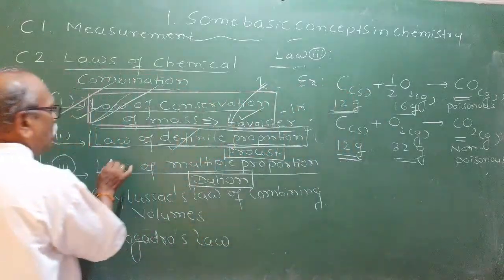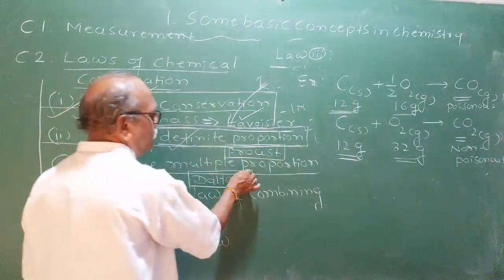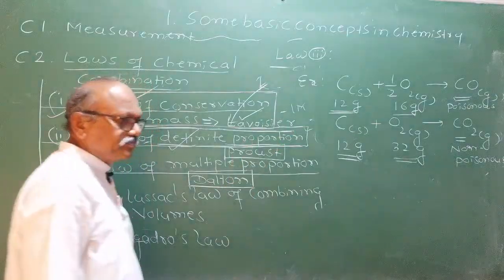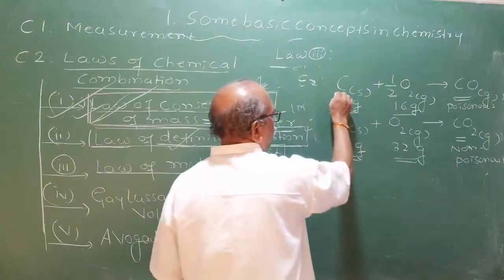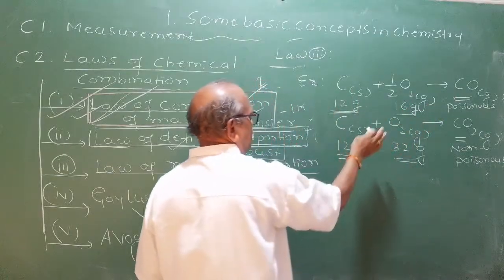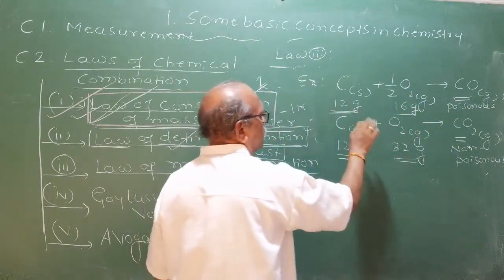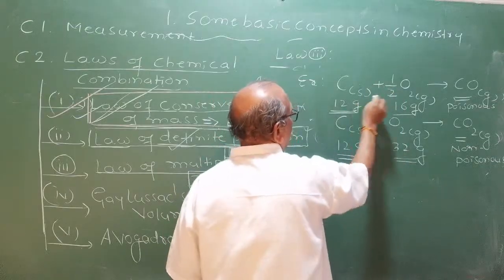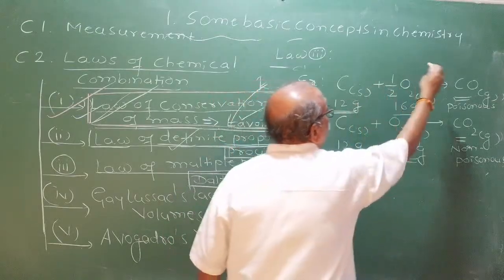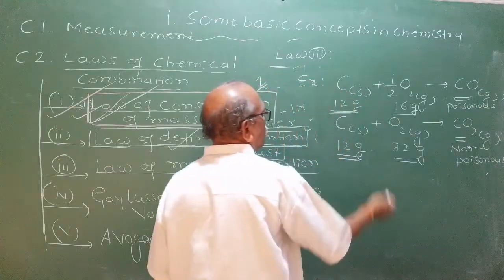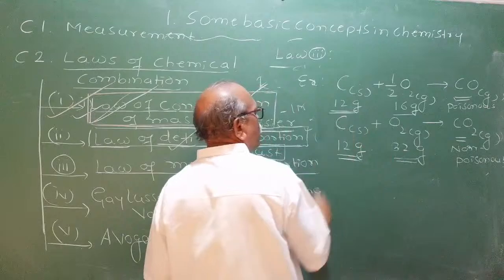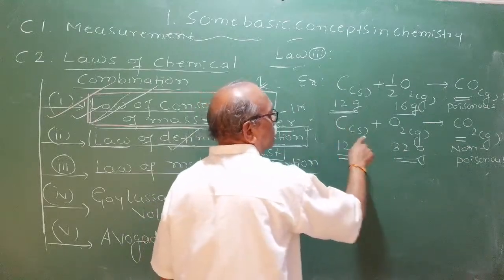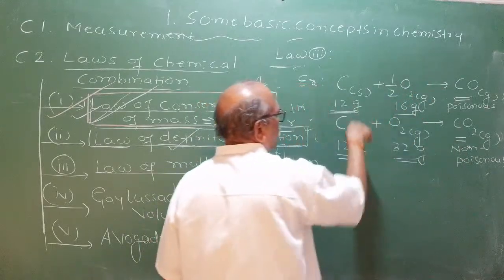The law of multiple proportions given by Dalton states that when two elements combine to form two or more products, observe, the two elements are carbon and oxygen. When two elements combine to form two or more products, they are forming what?